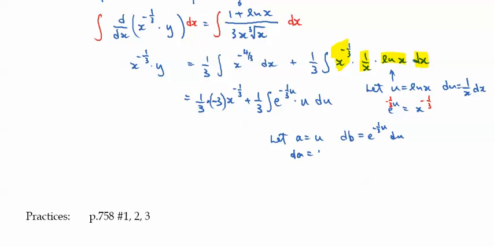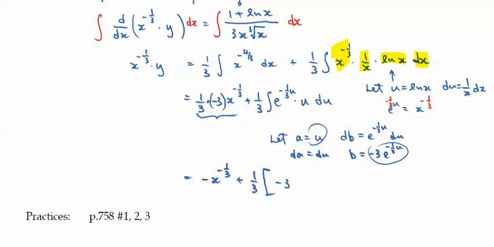So da equals du and b equals negative 3e to the negative 1/3 of u. And that means here, the first part simplifies to this, plus 1/3, and we will have uv minus v du. Well, technically, this times that, negative 3u e to the negative 1/3 of u minus v du. So that turns into a plus.